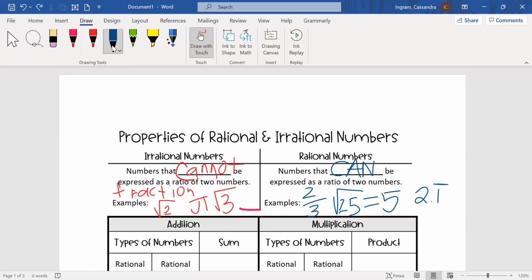Any sort of decimals, maybe like 3.5, can be written as a fraction, even though it's not repeating. Some things that have a pattern, maybe 2.0675, maybe that is repeating, so that has a pattern, meaning it is also a rational number.